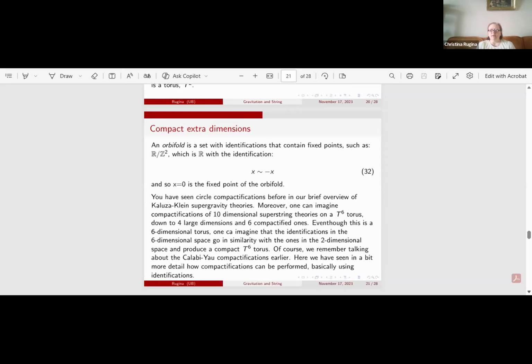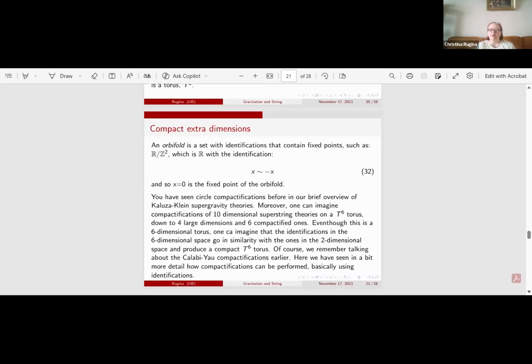Okay, moreover, one can imagine compactifications of 10-dimensional superstring theories on a T6 torus. A T6 torus is basically three T2 tori.